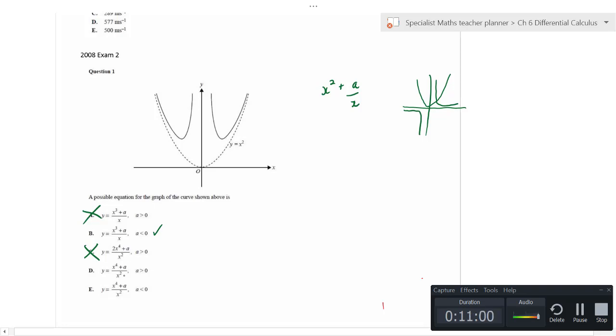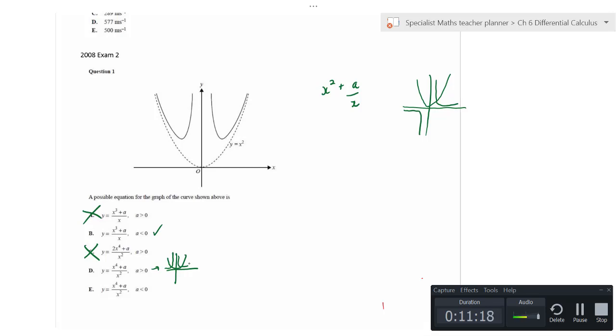Over here though, what do I have? Over here, this one here, we've got a quadratic, but then we've got a truncus. There's no way that's going to be right, is it?